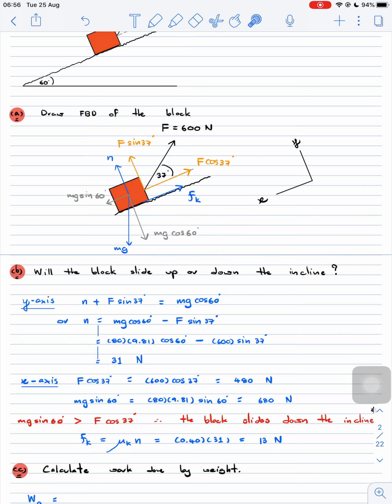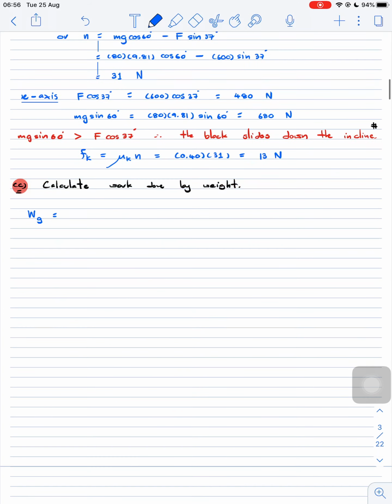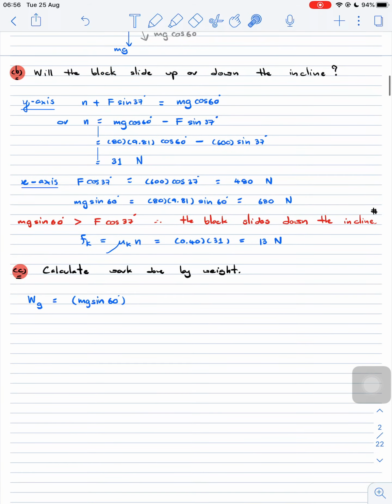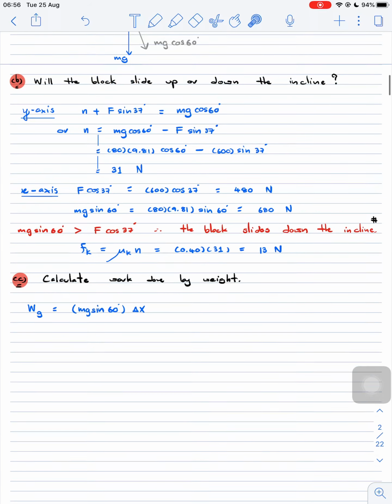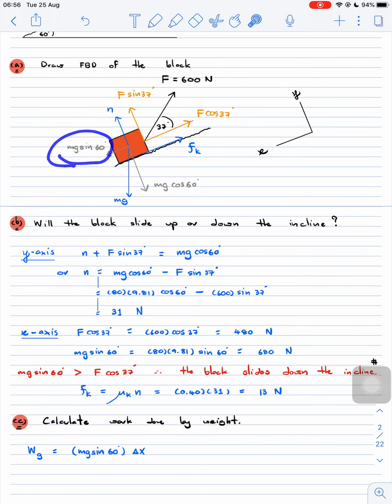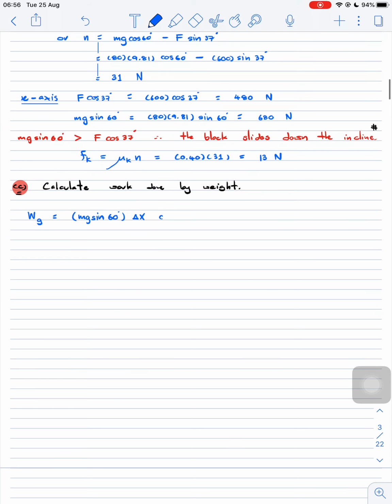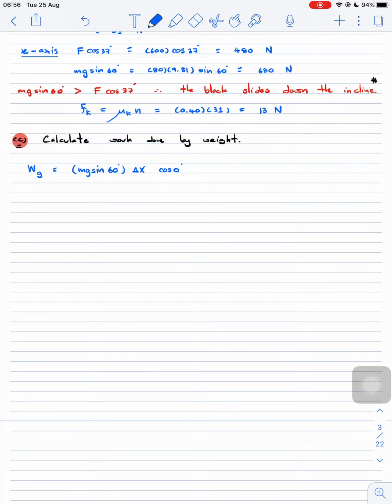Then for the mg sine 60, we can get the work done to be mg sine 60 degree, this is the force, times the displacement, let's say delta x, and then the angle between the mg sine 60 and the displacement must be 0 degree.